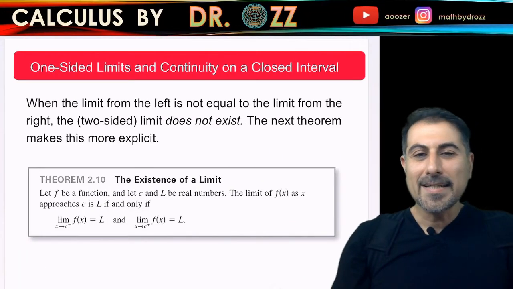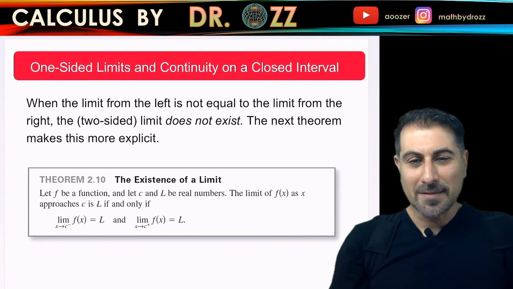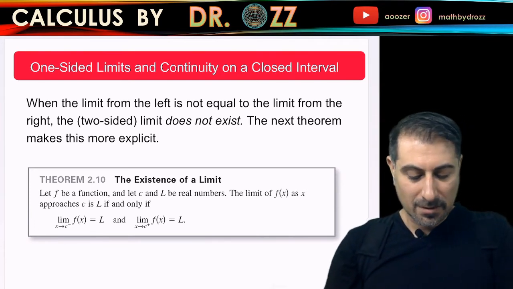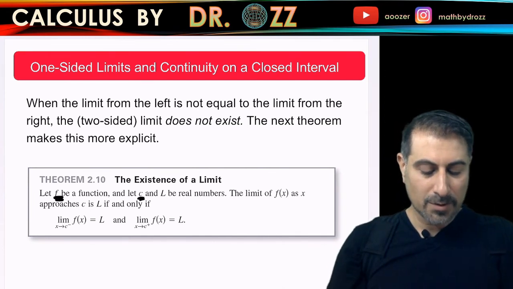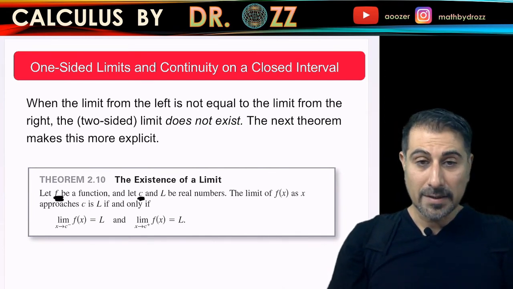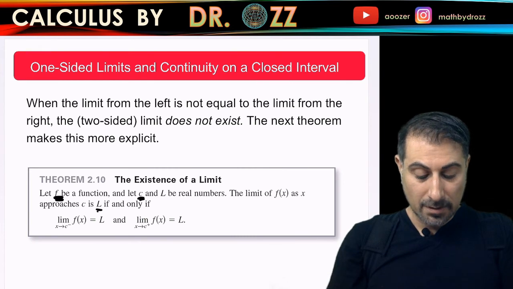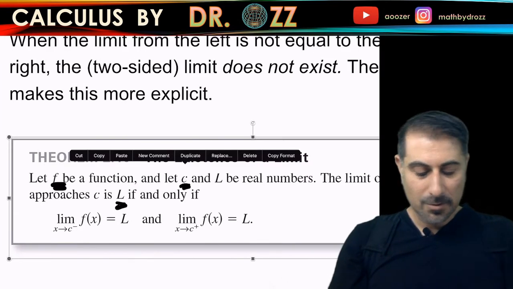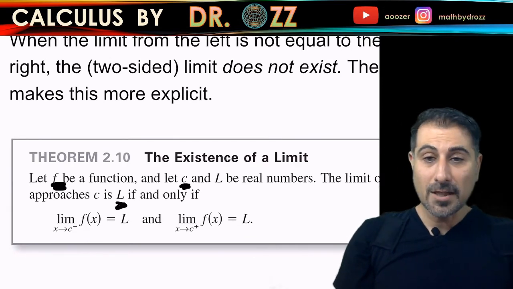The one-sided limit concept brings up the definition of the existence of a limit. If you're looking at the limit of the function f at point c, the limit exists and is equal to L if and only if the left and the right limits are equal.